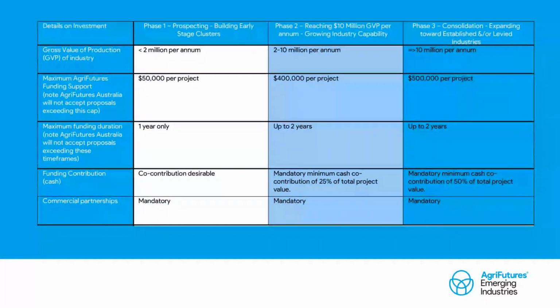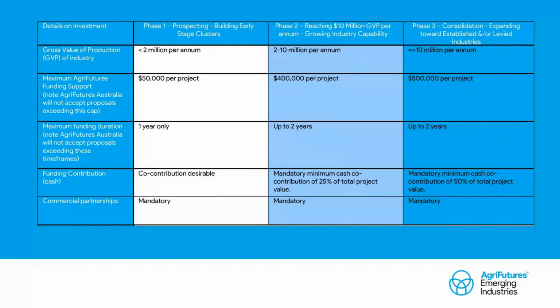The reason that we've gone through this phased approach is because, number one, we've got limited funds available in the Emerging Industries program, but also it's recognizing that smaller industries generally have less members and they're in growing phases. And so there's different types of projects that we want to be funding.